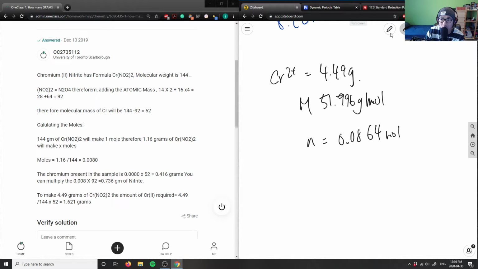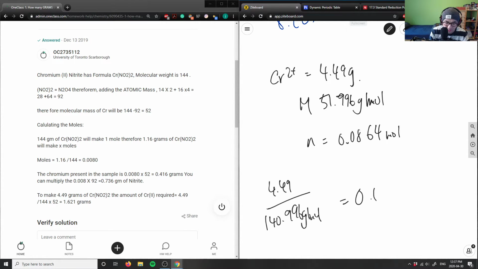So again, you could take 4.49 grams and divide by 140.996 grams per mole. This would give you some value. Let me do this one. 4.49 divided by 140.996.